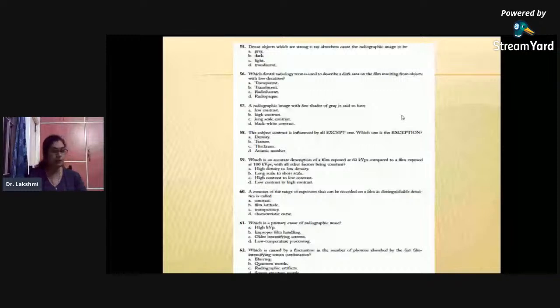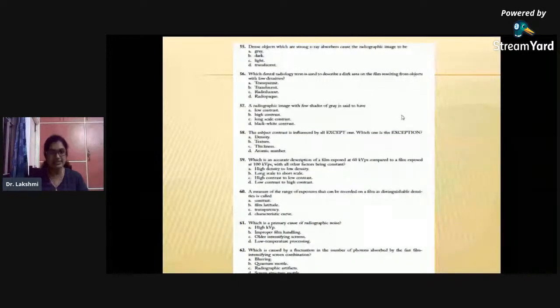Radiopaque structures. And then 58th question, the subject contrast is influenced by all except one. Which one is the exception? That is B, texture. 59th question, which is an accurate description of a film exposed at 60 kVp compared to a film exposed at 100 kVp with all other factors being constant?